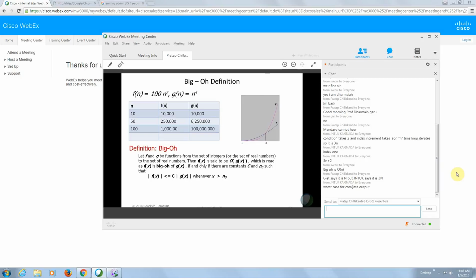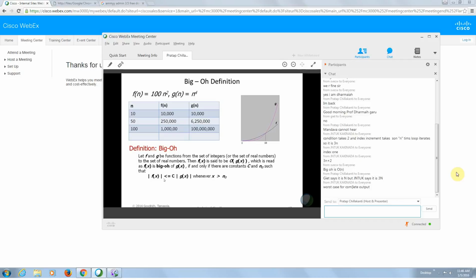And then we say that f(x) is said to be the order of g(x), that big O, see that capital O there, which is read as f(x) is big O of g(x), if and only if there are constants called C and n0 that meet this criterion here.